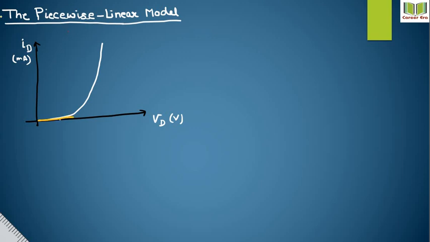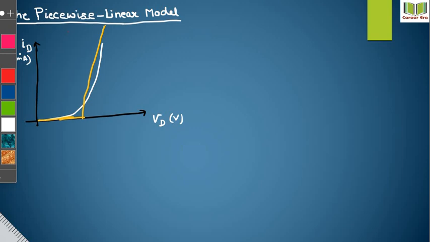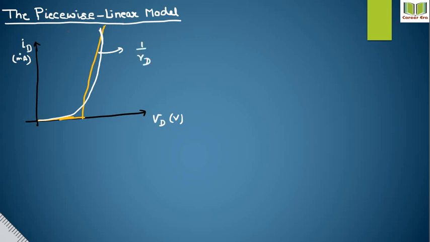This is line A, which has zero slope, and this is line B, which has a slope of 1 upon RD. This is the dynamic diode resistance.